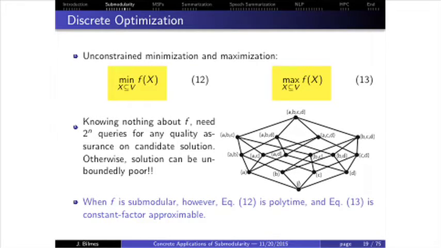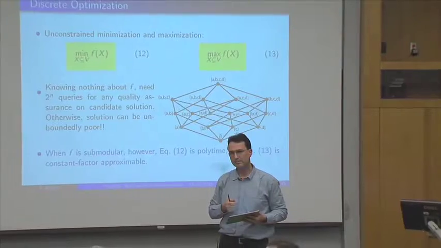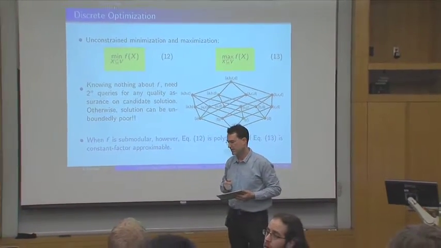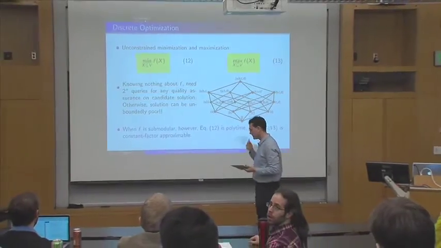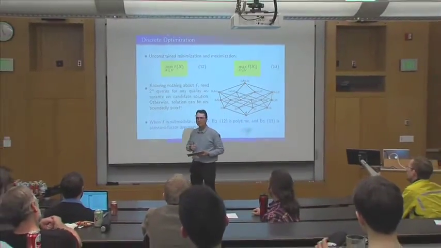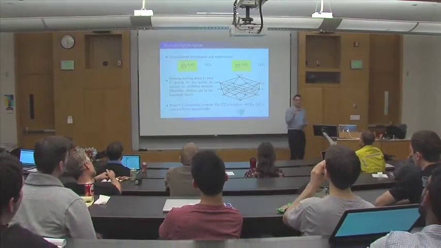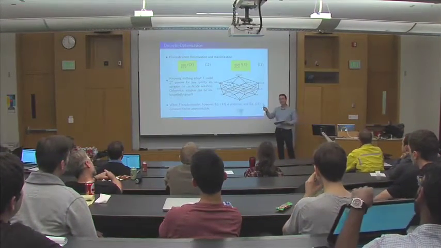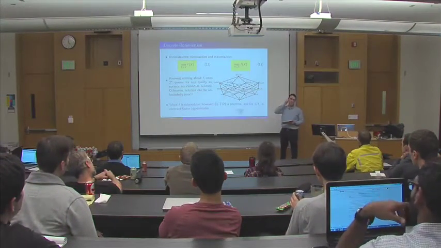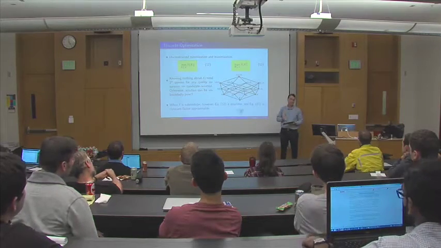It looks like there's a question there. Is there a difference between a negative submodular function and a supermodular function? So can you just negate a supermodular function and end up with a submodular one? Yeah, so it turns out that if you have a submodular function, you can negate it. But oftentimes, a lot of these guarantees are based on things like, for example, the non-negativity of the function.